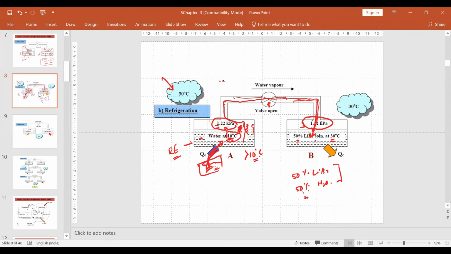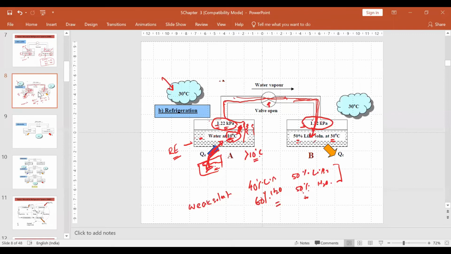That means now in the second phase, what happened? Suppose this is 40% lithium bromide and 60% water. We'll call it weak solution. If the percentage of water increases, we will call it weak solution.